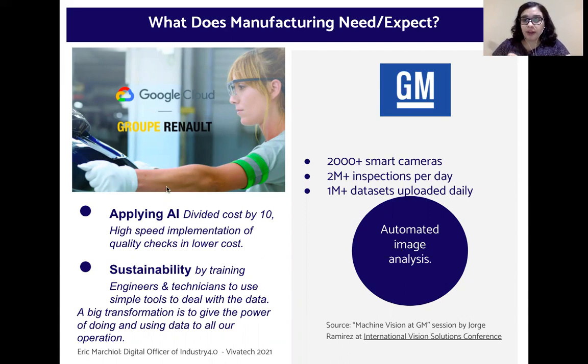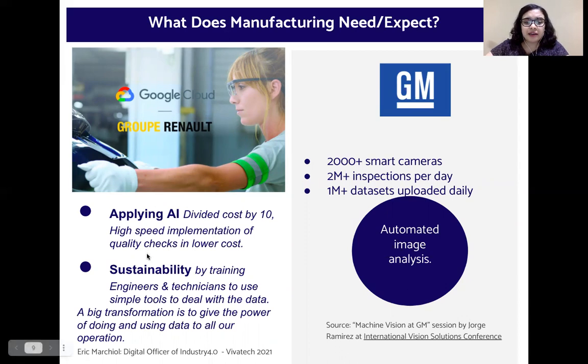The result of applying artificial intelligence divided the cost by 10. This is one of the great benefits of applying artificial intelligence in your process: it reduces the cost. Add to that, if we are talking about quality, it decreases the quality check cost, and it also makes the implementation high speed.